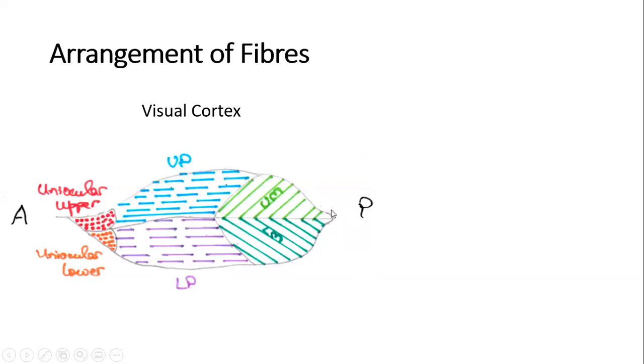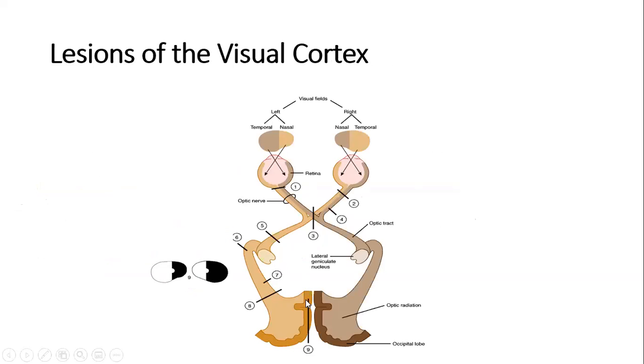So consider there is a lesion which is involving the entire macula here. What will we get if there is an entire cortical lesion? We will get a contralateral homonymous hemianopia. But apart from that, we have something called macular sparing. Now why should macular sparing happen? Macular sparing happens only in a cortical lesion.